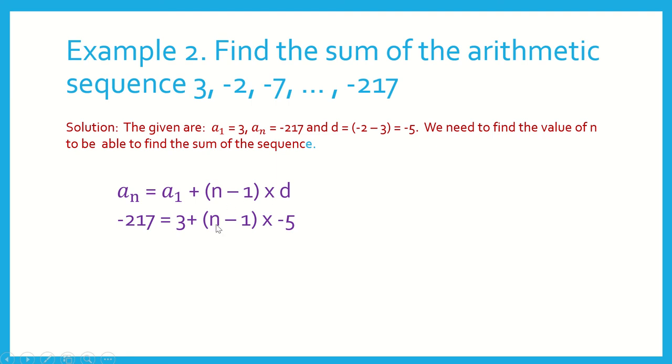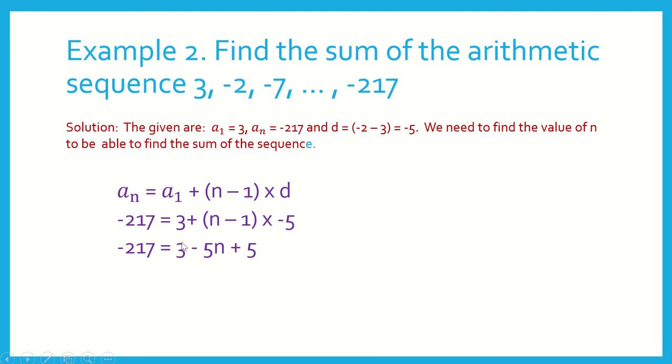So negative 5 will be multiplied to n, and negative 5 will be multiplied to negative 1. Okay, let us see. So negative 217 is equal to 3 plus negative 5 times n is negative 5n, and negative 5 times negative 1 will give us positive 5.